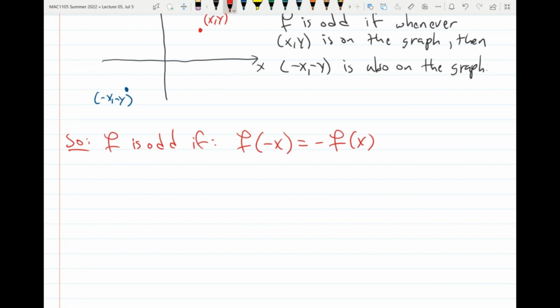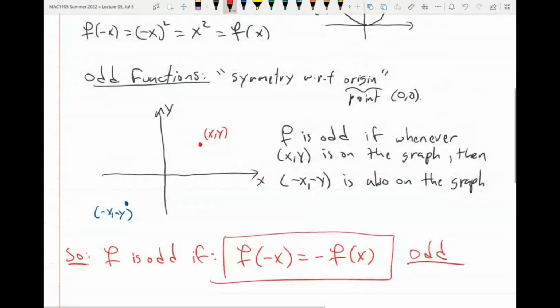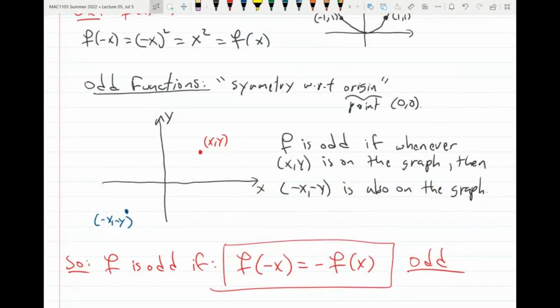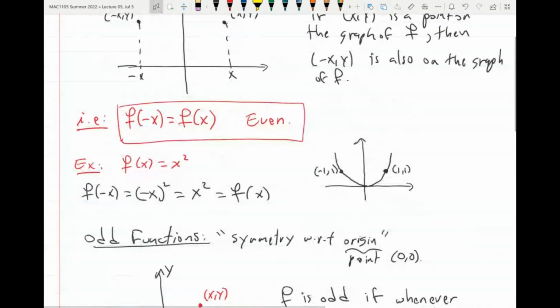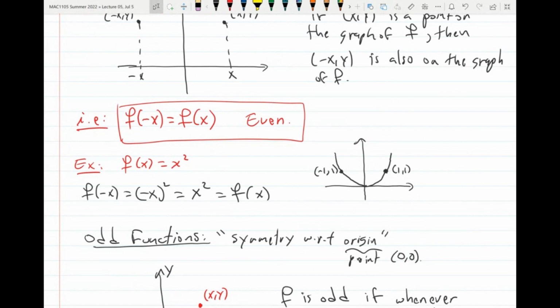But it is also f of negative x because it's the y corresponding to this point. So I will give you this equality. This right here is what it means to be odd. So the good thing is that if you want to determine whether a function is even or odd, you always do the same thing. Notice that in both cases, we always plug in negative x into the function.